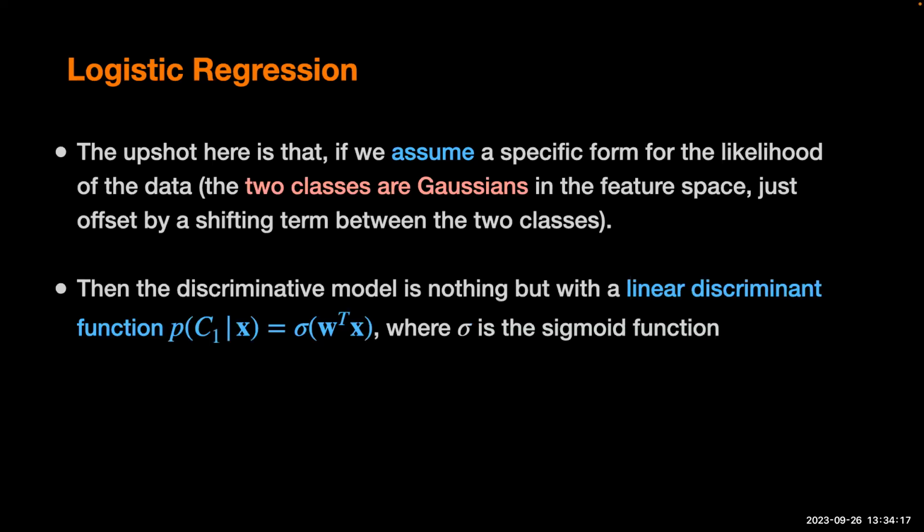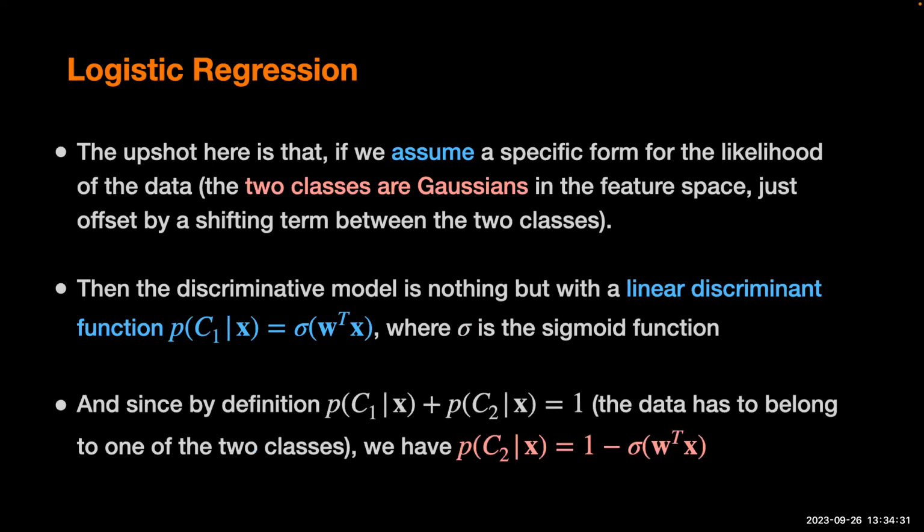Then this will translate into exactly the logistic regression model where the classes can be linearly separated with a linear boundary in the feature space. And of course, so far we have only derived P of C1 given X, but given that we have only two classes, P of C2 is just 1 minus the first term.